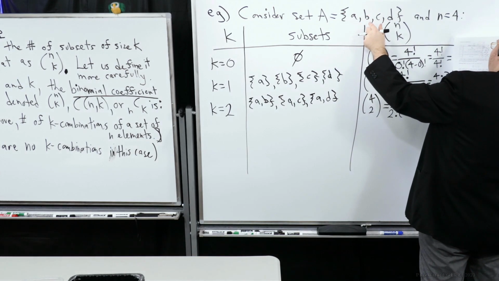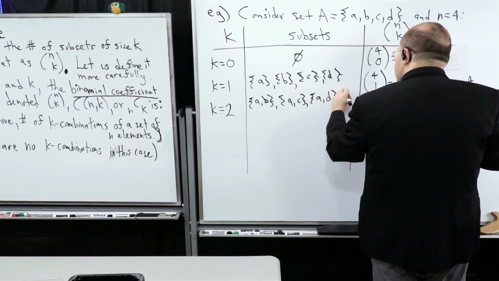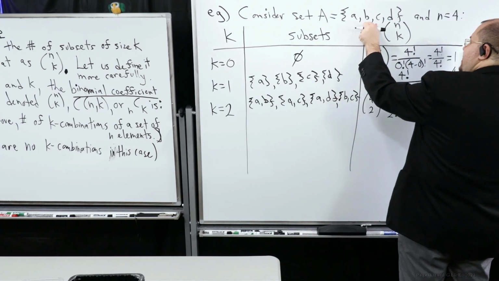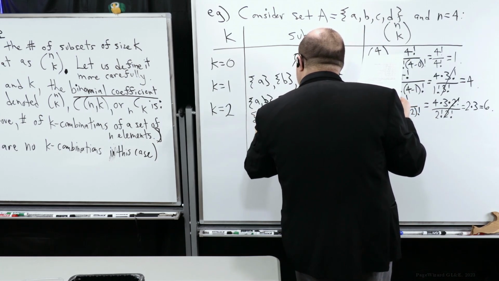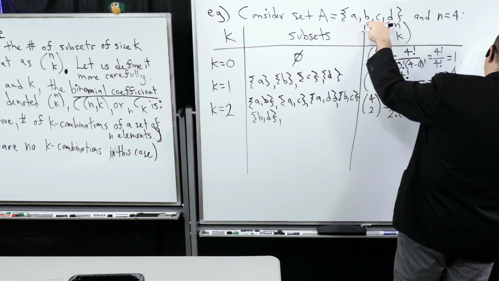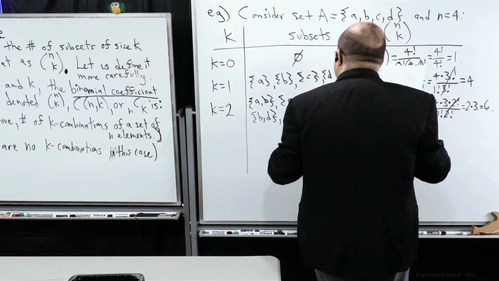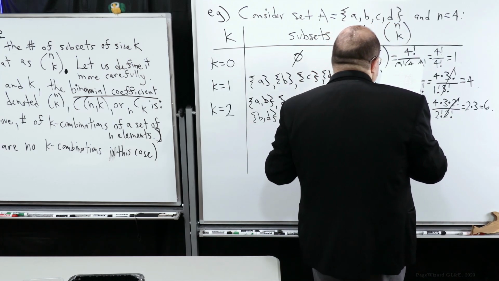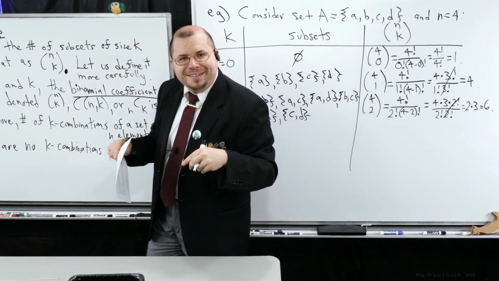Next I'm going to have BC, then BD. Now I'm done enumerating over B. Then I just have CD. And look, I have exactly 6, as you expected.